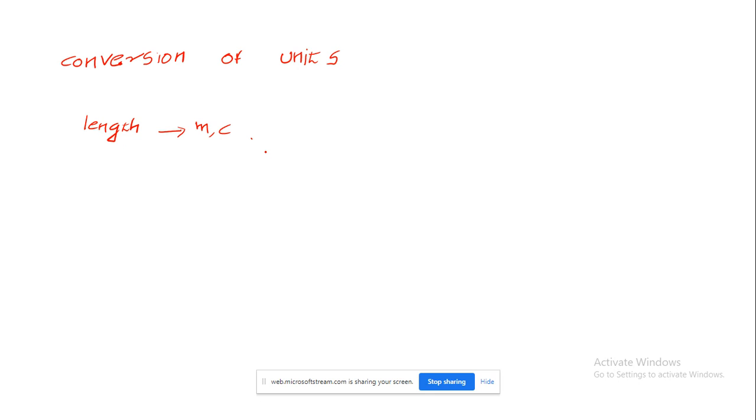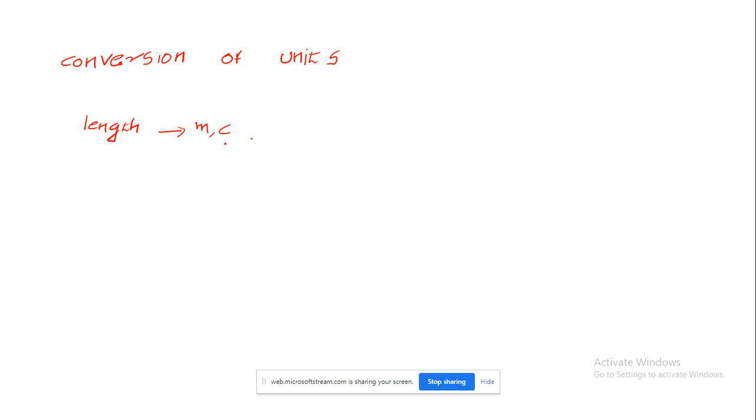So whether it is given in millimeter, centimeter or kilometer, it is always advised to write that in SI units, which is in meter. So we need to convert these units, okay.